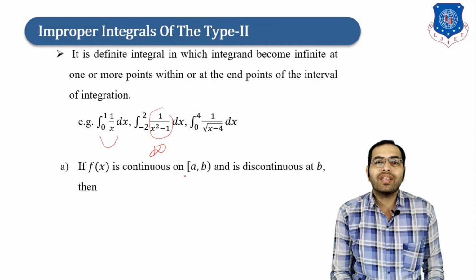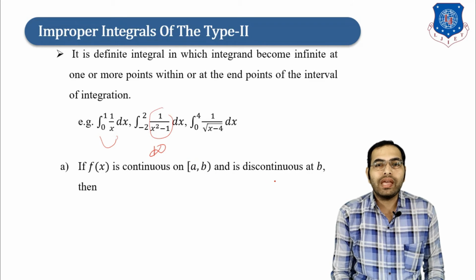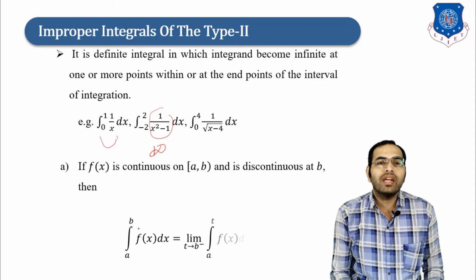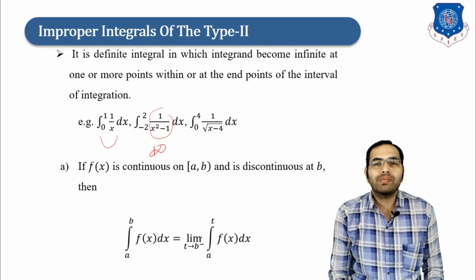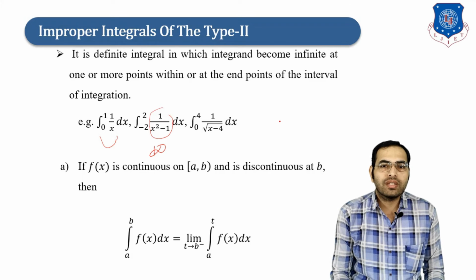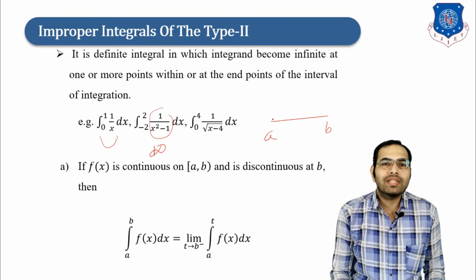If f of x is continuous on the interval a to b, with b open, and is discontinuous at b, then the integral from a to b of f of x dx equals limit t tends to b minus of the integral from a to t of f of x dx. Suppose we have the interval a to b; the position a is considered inside the limit, but at the b position our function is discontinuous.